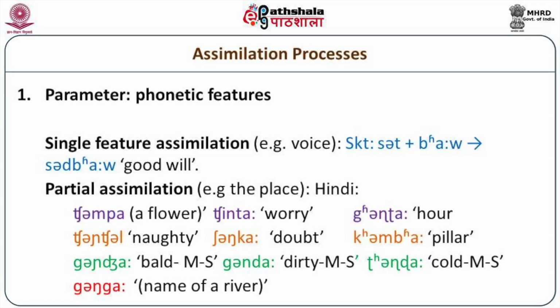The examples are given here, such as Champa, Ghanta, Chanchal, Shanka, etc. Now, all these, because they involve more than one place feature, are termed partial assimilation.